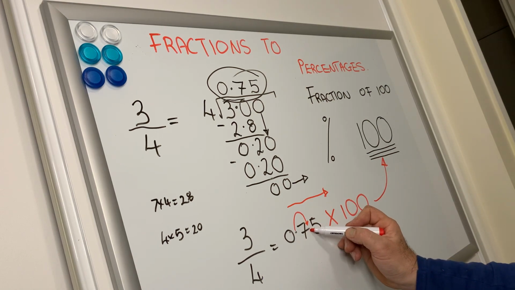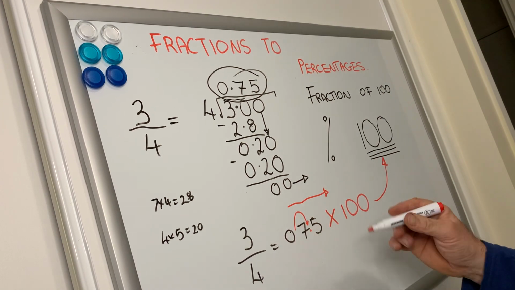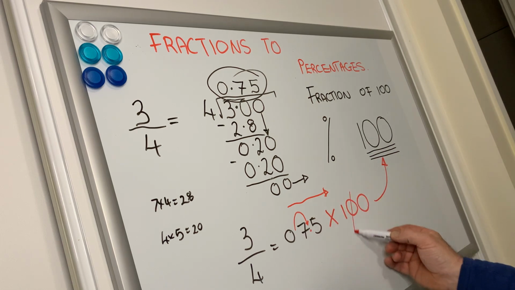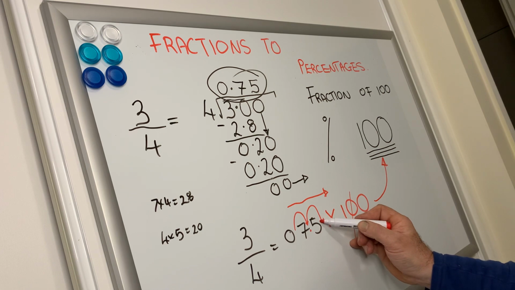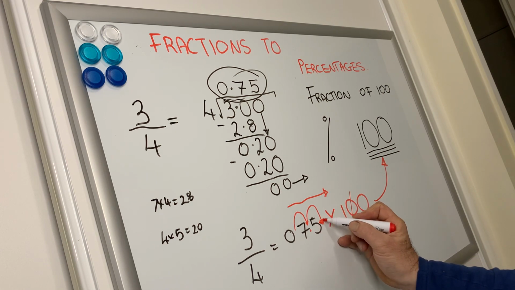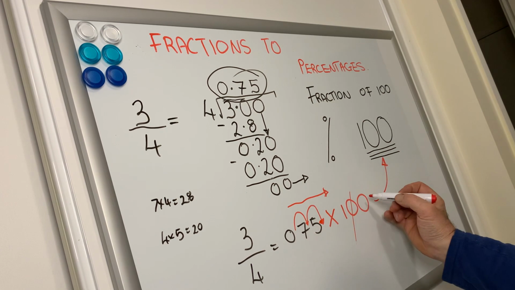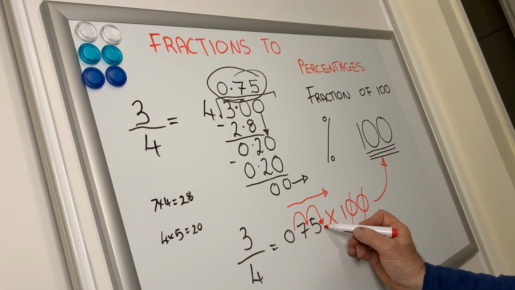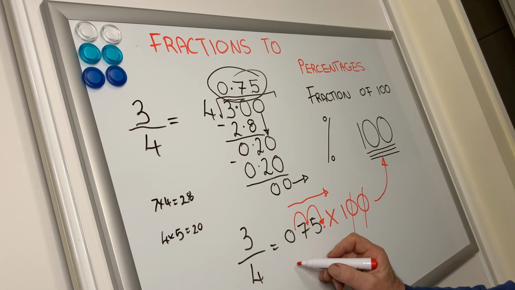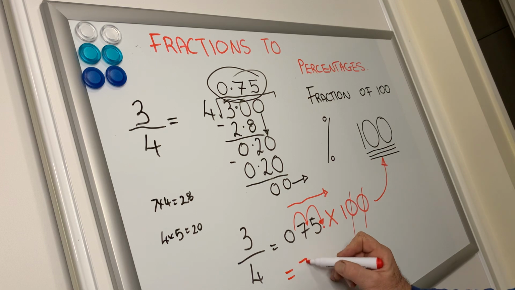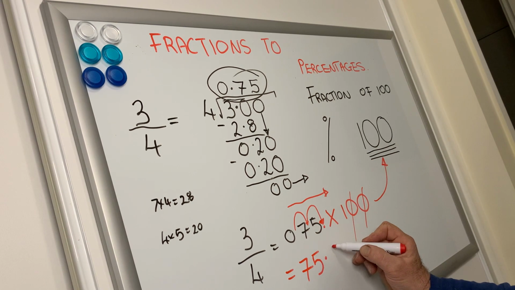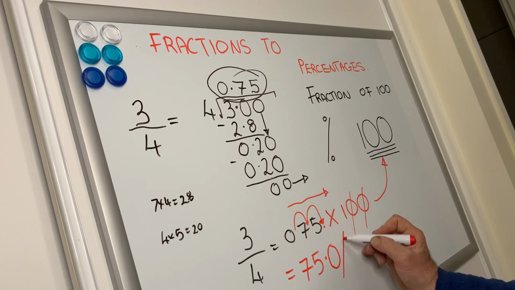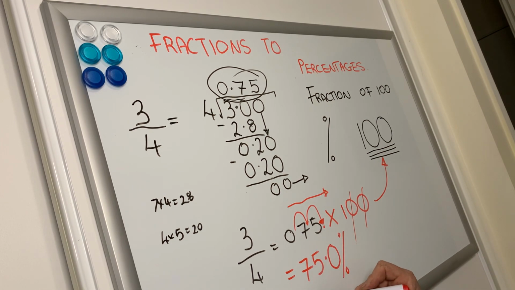That's 1 place. I take this point out, and then I cross the 0 out, and we're going to move it again a second place, and that crosses that one out, and that's where the new decimal point will be. So it's equal to 75. I've left the decimal point there, even if you wanted to say 75.0%, or simply 75%.